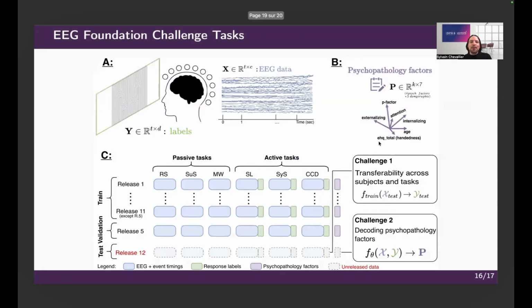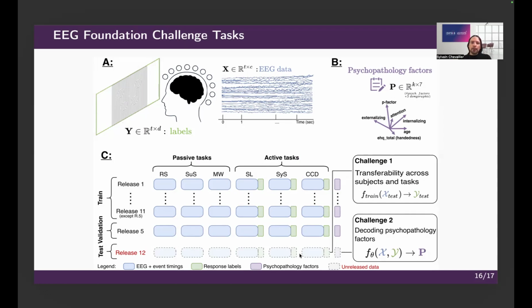So to give you a little bit more information about this competition, we decided to make two different tasks. The first one was a task where, using information from different subjects, the competitors had to predict some response time on unreleased test data.